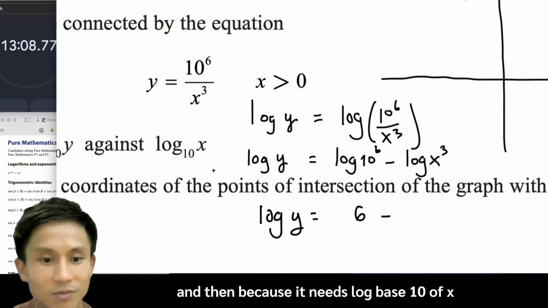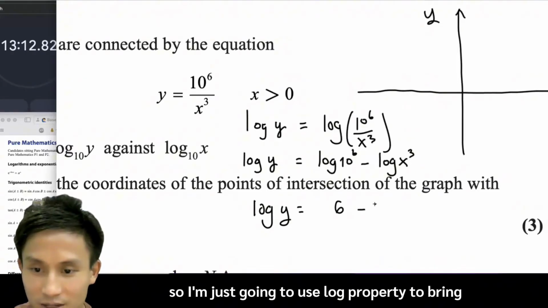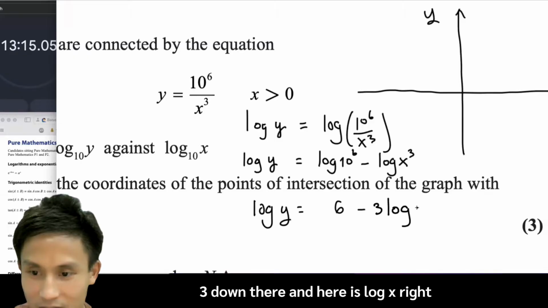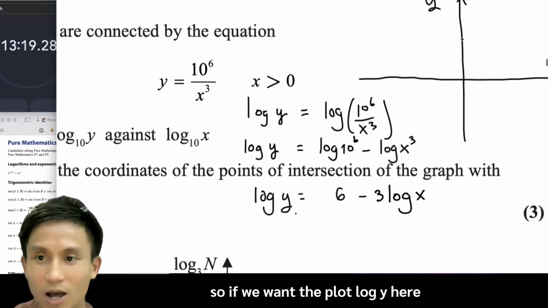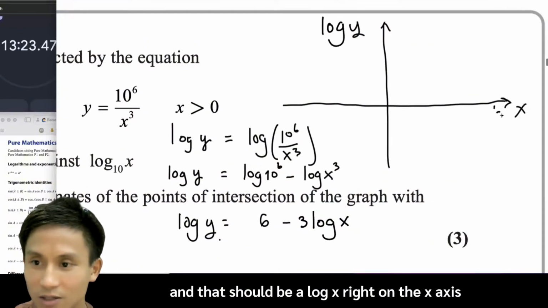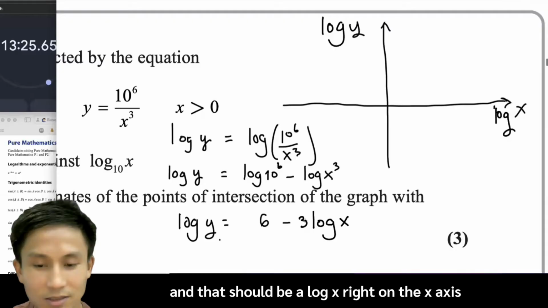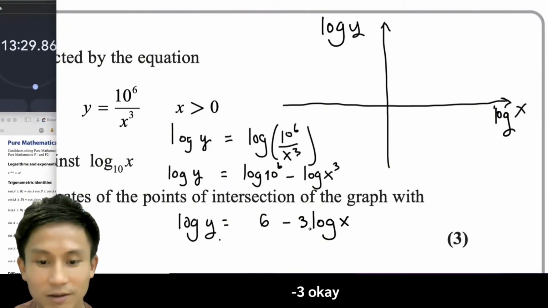And then because it needs log base 10 of x, I'm just going to use the log property to bring 3 down there. And here is log x, right? So if we want to plot log y here, that should be log y, not y, and that should be log x on the x-axis. So this is just a linear graph with a negative gradient, minus 3.